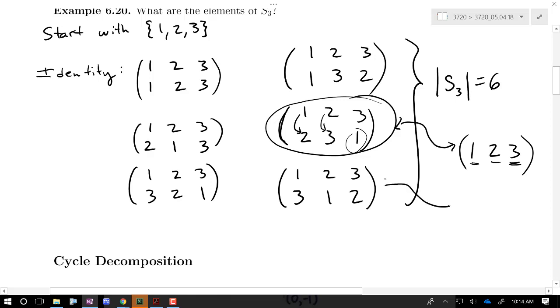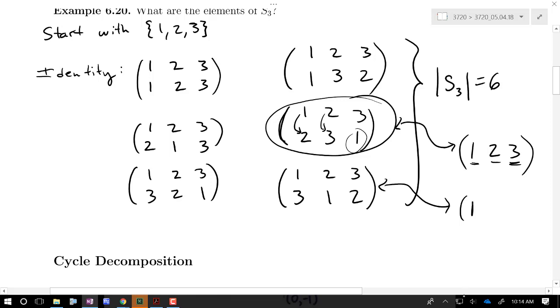And what about the last one? It would be (3 1 2). Well, 3 does not get sent to 1.